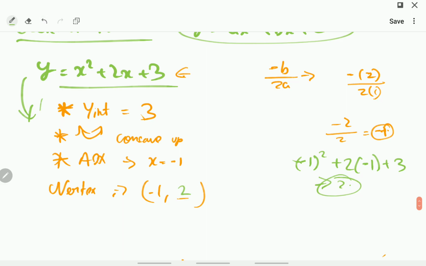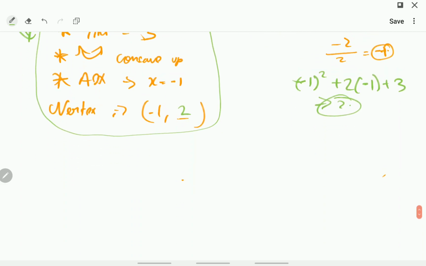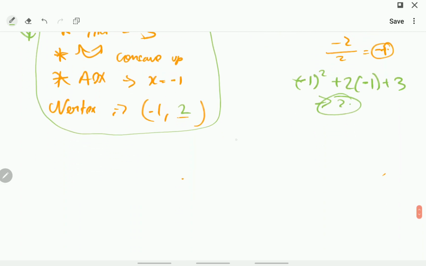Right now we have all essential points for us to graph this parabola sufficiently. So let's go on, make our table and get graphing. We know the axis of symmetry is at minus 1. It's at minus 1 and then 2, somewhere there.